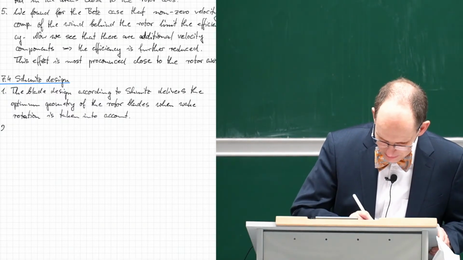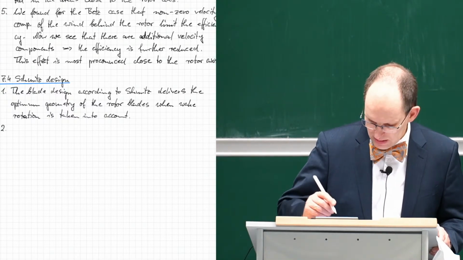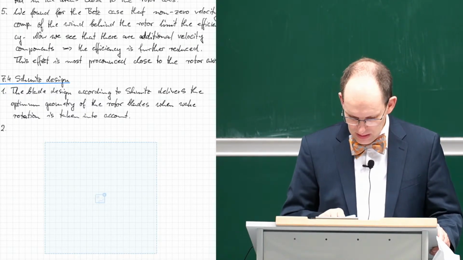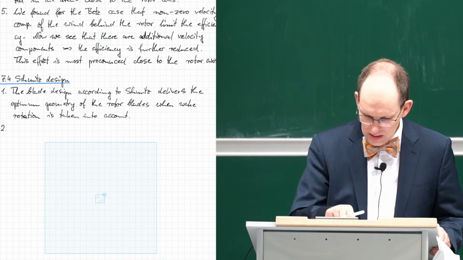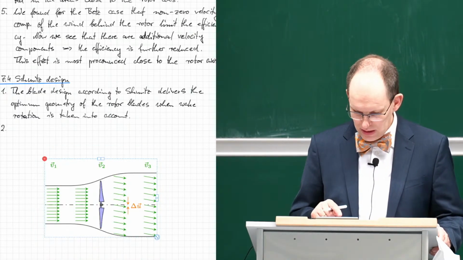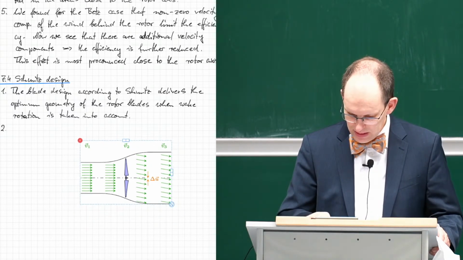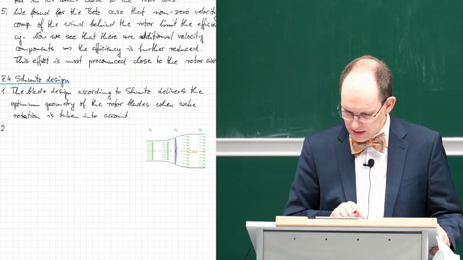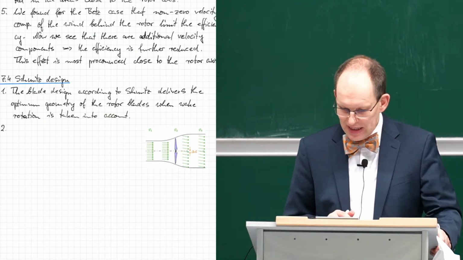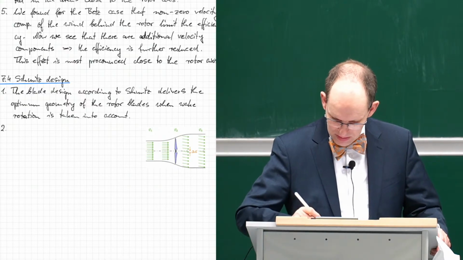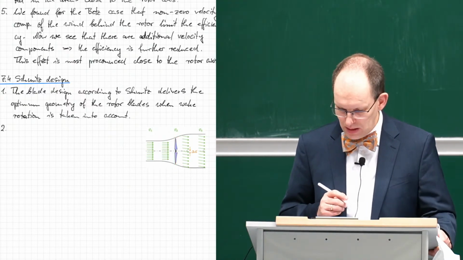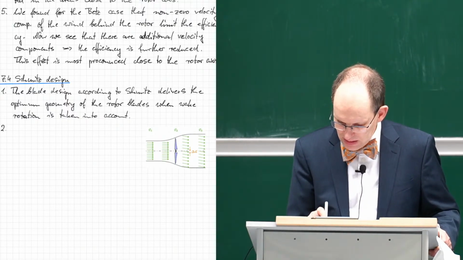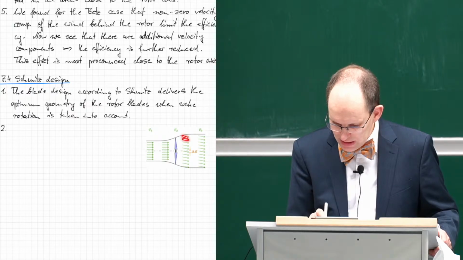So now let's define a few things, and to this end I try to find a figure. So this one here, a figure that I just changed a little bit. You see the rotor of the windmill, and now you see that this wind is actually deflected, changes its direction.